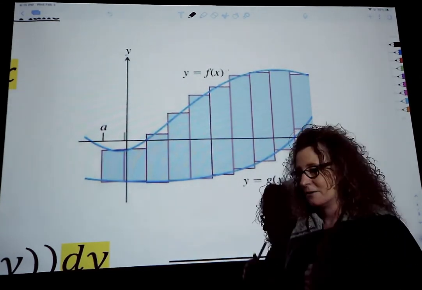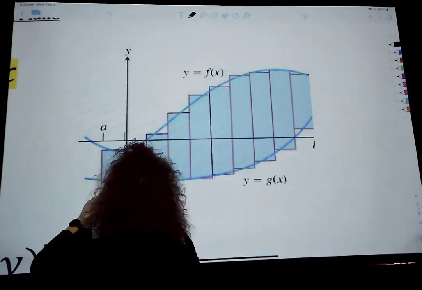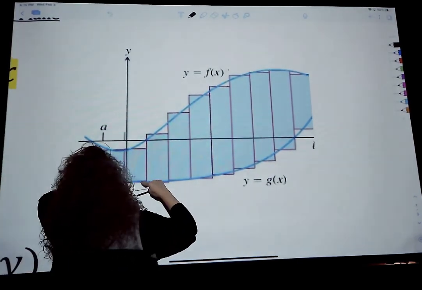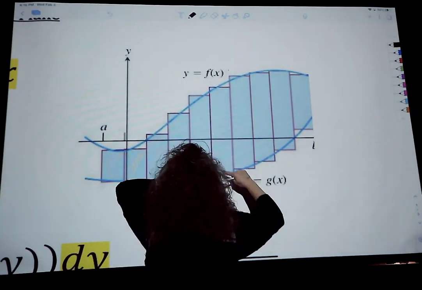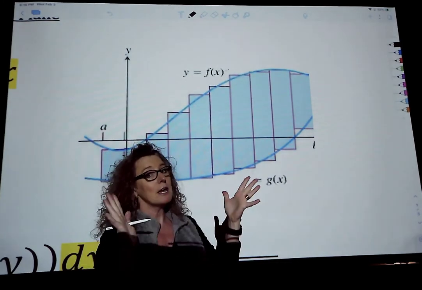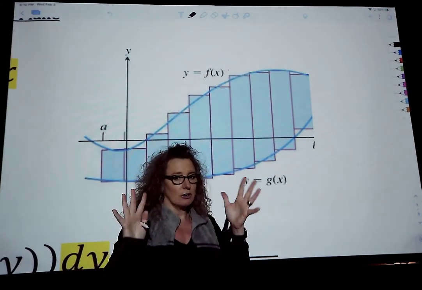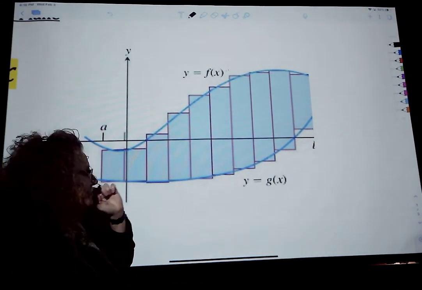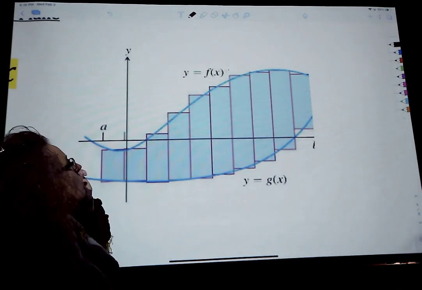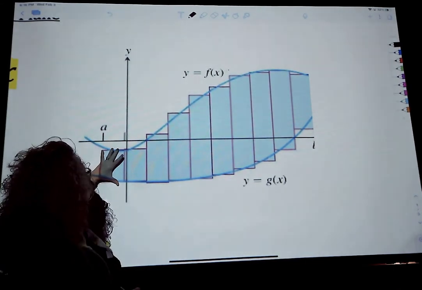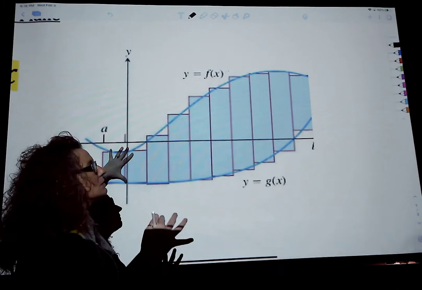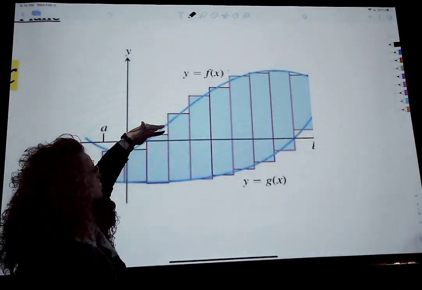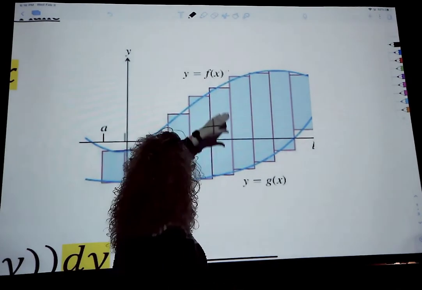But if you did, you would draw rectangles from one function to the other. And rectangle after rectangle after rectangle. And of course you would want to use as many as possible to get a good approximation. You would want to squish them all together. Very, very thin rectangles. So what you need to make sure happens is each rectangle extends from one function to the other every single time.